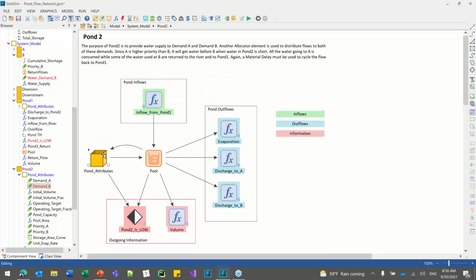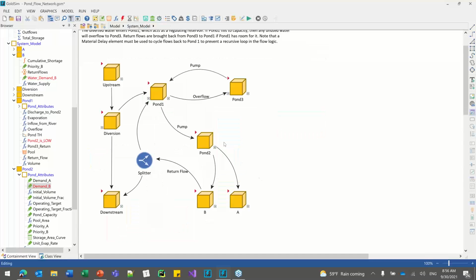And because it's cloned, it's going to always have the same value. If I change the value here, it will change the value in all of its clones. So it's just replicated, but it does not produce unnecessary communication lines between B and pond 2, if that makes sense.